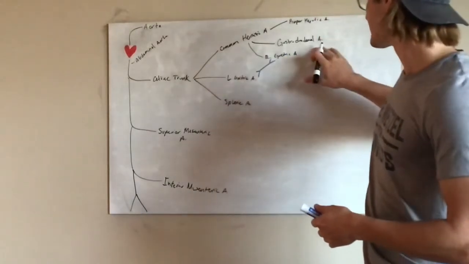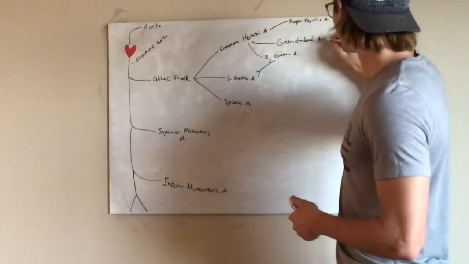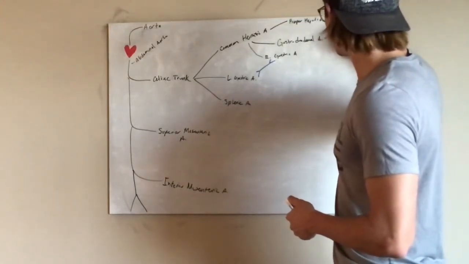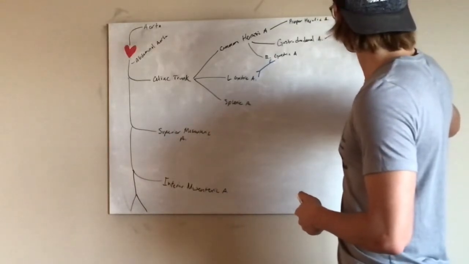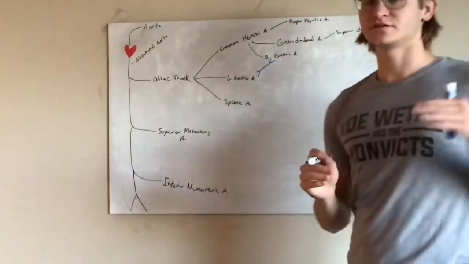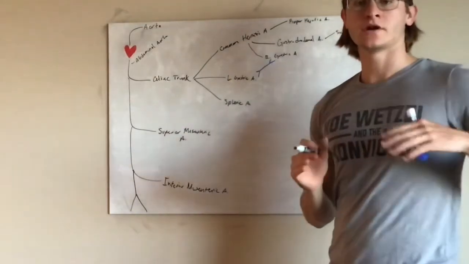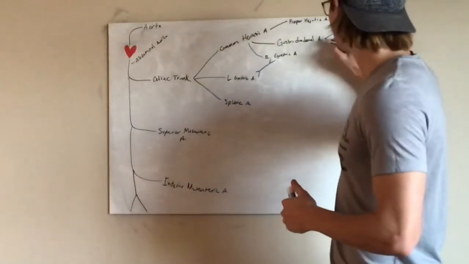Coming off the gastroduodenal artery, we're going to have a couple guys. So we're going to have our superior duodenal artery, and this is just the singular artery off the duodenum. It's going to be superior, so superior duodenal artery.